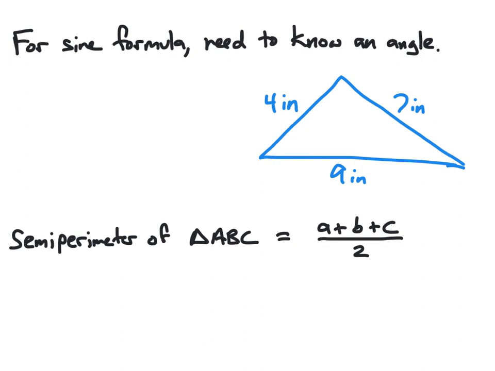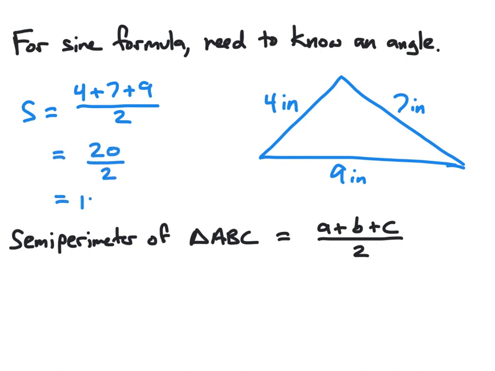So for example, in the triangle shown here, our semi-perimeter S will be 4 plus 7 plus 9, all divided by 2. 4 plus 7 plus 9 being the perimeter of our triangle. That perimeter there is 20 inches. And so dividing that by 2, we see that the semi-perimeter for this particular triangle is 10 inches.